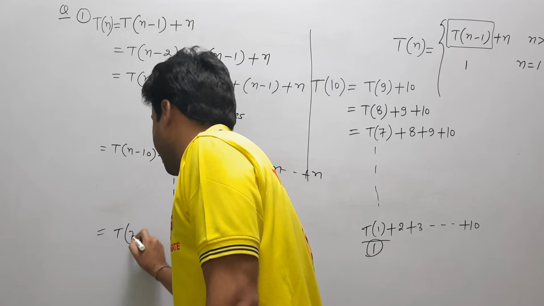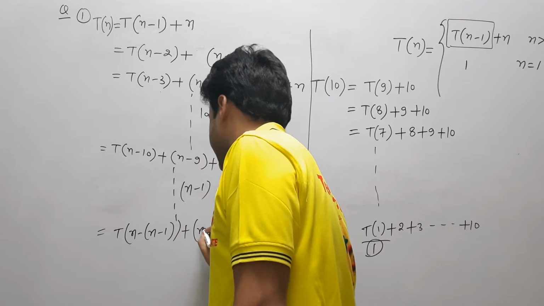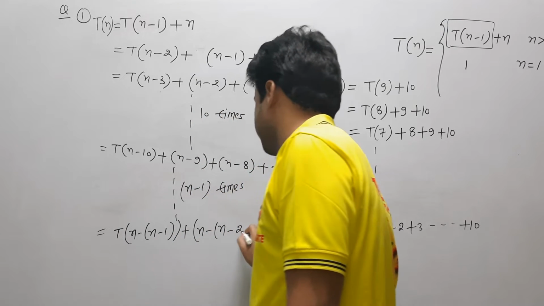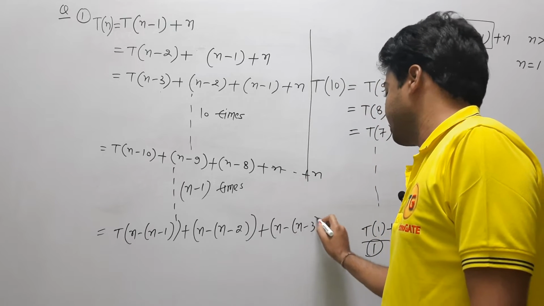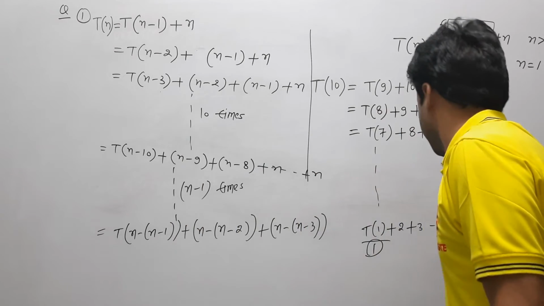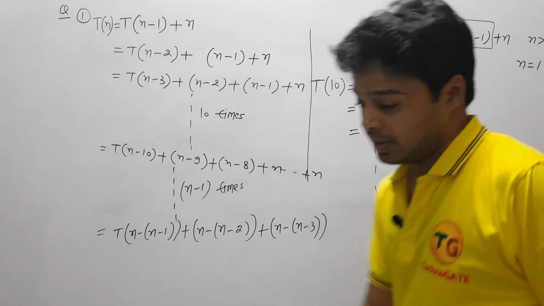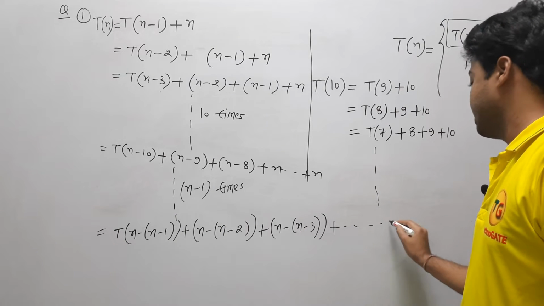T of n minus 1 times in the same way, plus n minus 2 plus n minus 3, and it goes up to plus n.